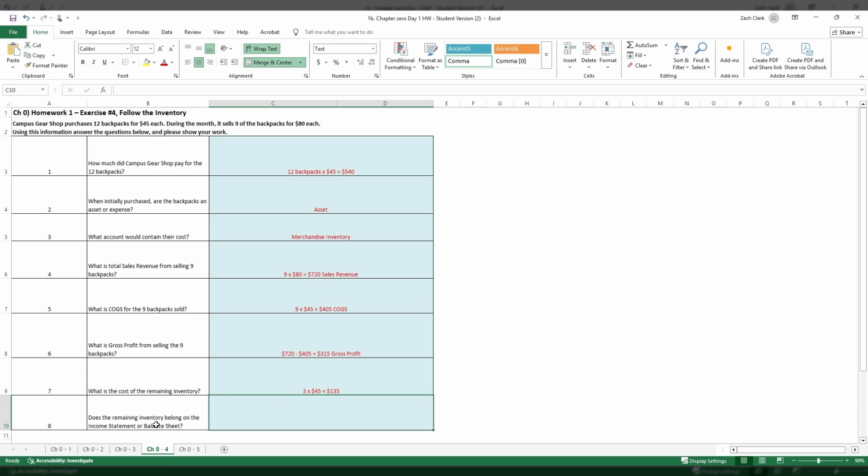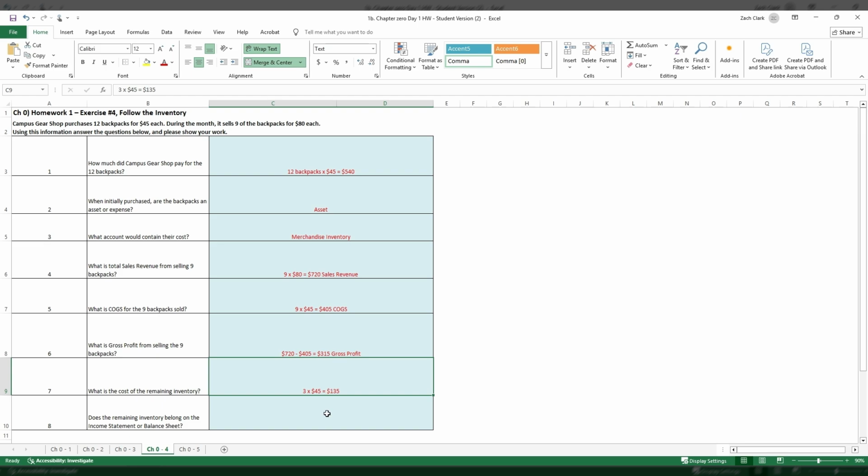Then it asks finally, does this remaining backpack inventory belong on the income statement or the balance sheet? Remember that it's the remaining inventory. It's not yet sold. It's still something that the business owns. It can be sold in the future. So that means it's an asset.